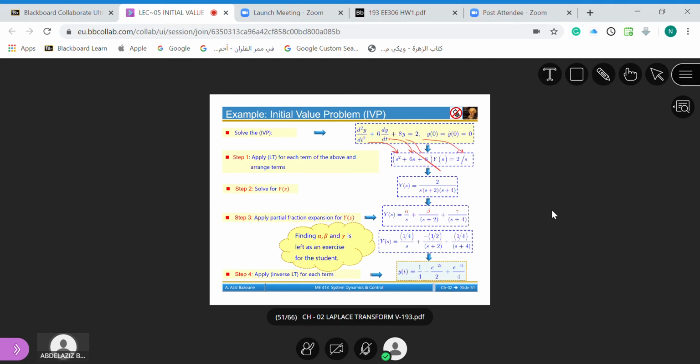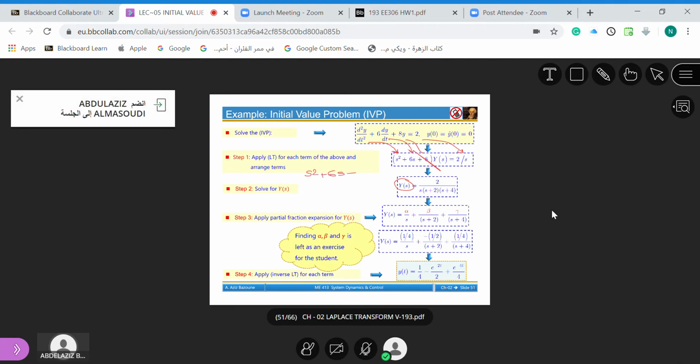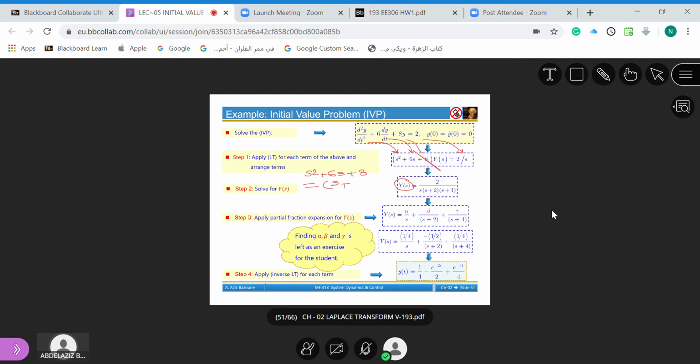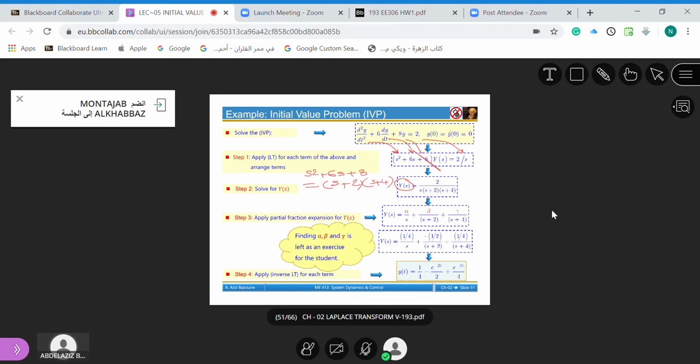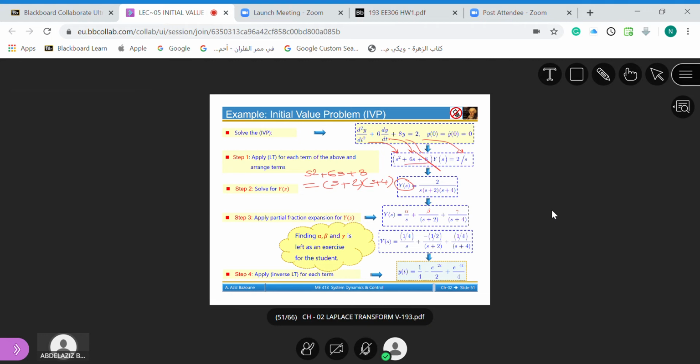Now, if we solve for Y of s alone, we will find it like this: 2 over s times (s plus 2) times (s plus 4), where s squared plus 6s plus 8, if you remember, we wrote it as s plus 2 times s plus 4. We wrote it in this form.